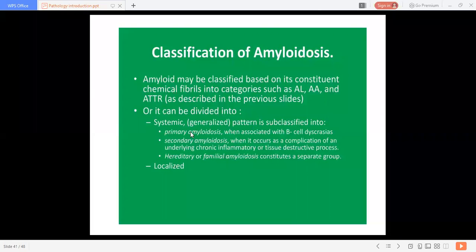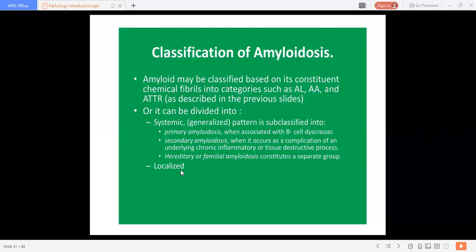Then the second one is localized amyloidosis. Here we are going to discuss senile cardiac amyloidosis, senile cerebral amyloidosis, and endocrines associated amyloidosis.